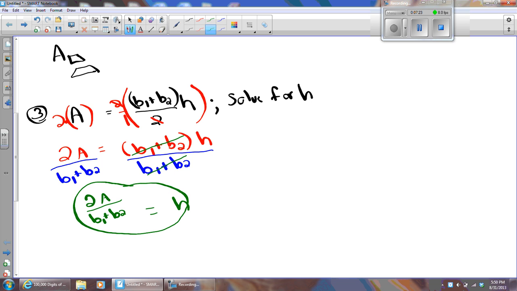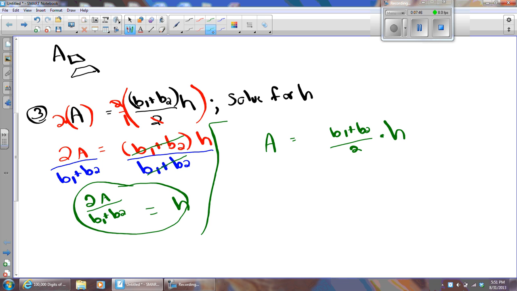Okay? Now there's another way to think about this problem, and I'm going to back up here to show you how I might think about it. Actually, maybe I'll just do it over here. I'll rewrite the formula. A is going to equal b sub 1 plus b sub 2 divided by 2 times h.